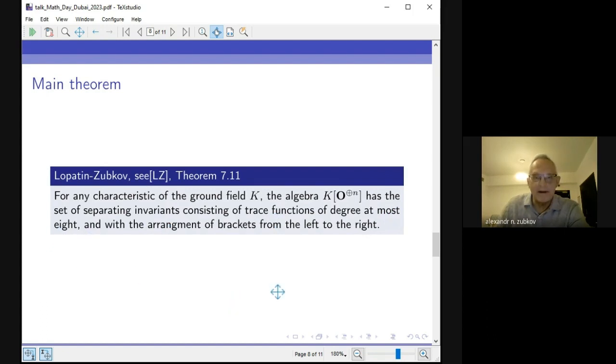As you remember, in the case of odd characteristic of the ground field, this algebra is generated by the trace functions of degree at most 4. But if you go further to characteristic 2, this result should be a little bit changed. We have to admit degree at most 8. And again, with the arrangement of brackets from left to right.